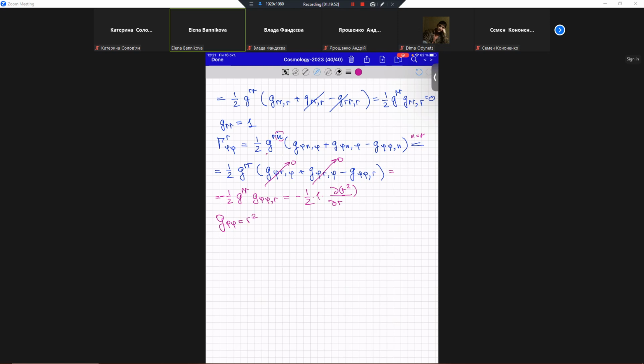And finally we have minus r. So you can see that in polar reference systems, one of the Christoffel symbols is not zero. But again, it doesn't mean that the space is curved. So this is the point.